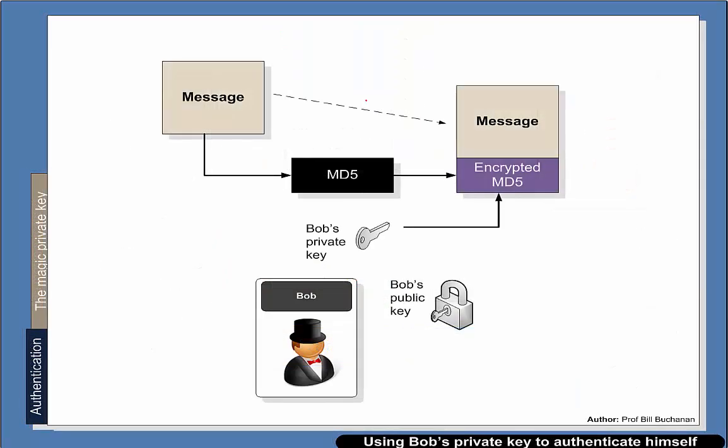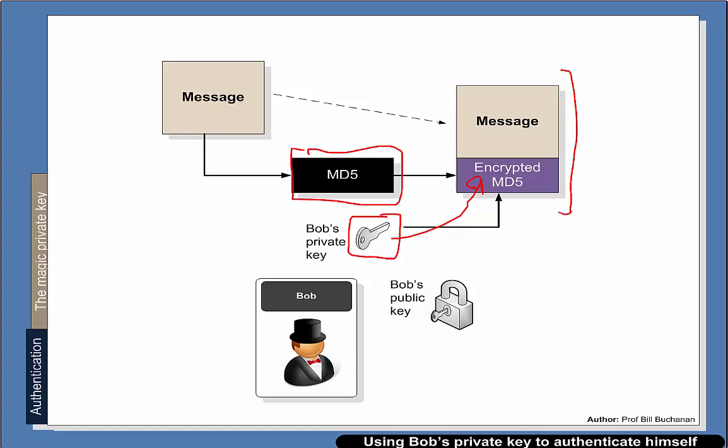So let's go through an example, and again we'll go into more detail about this in the next unit. We take a message, and we take a fingerprint of it, an MD5 hash of it, and then Bob encrypts that little MD5 with his private key and adds it to the message.